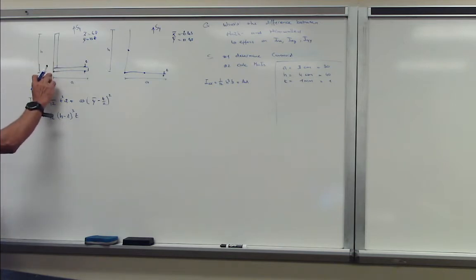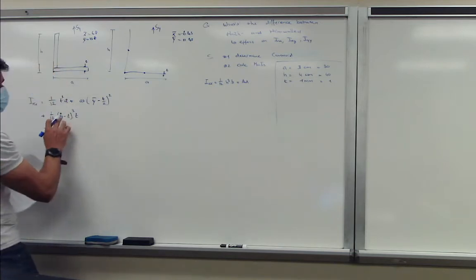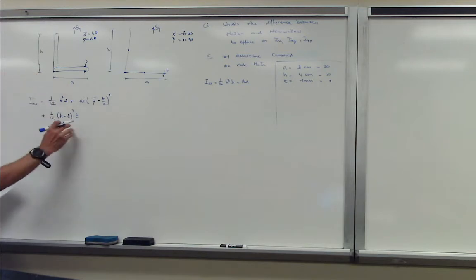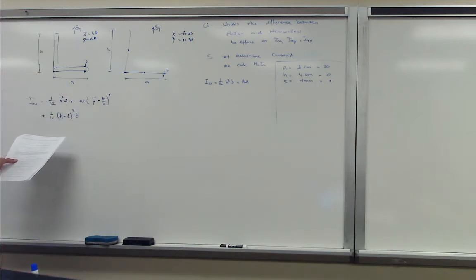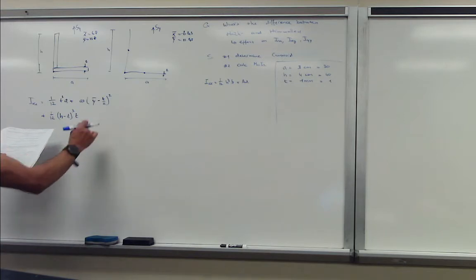So that's the reason we do h minus t cubed multiplied by t. And then we add the Steiner term to it as well.